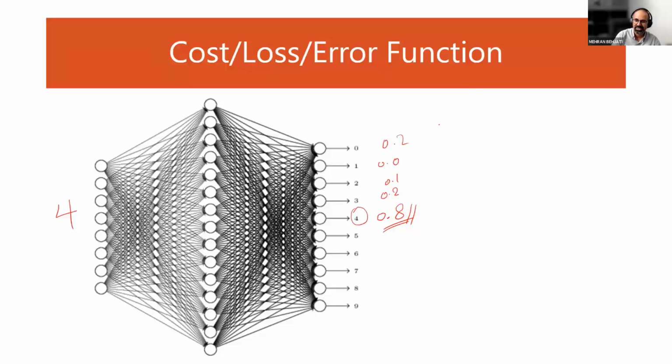But in an ideal case, we expect the output for the other digits to be 0, and only this one to be 1. So in this case, we can see that there is a difference between the output of our network and our ideal or expected value. So we can calculate this as an error.